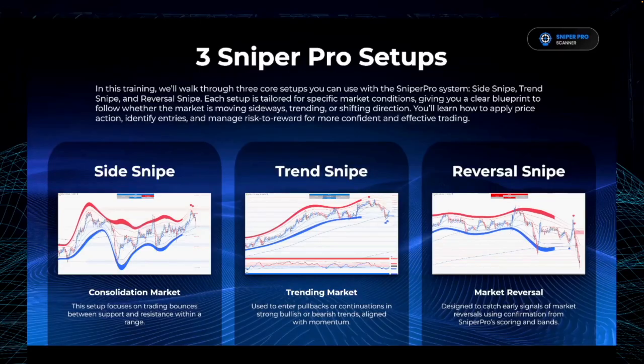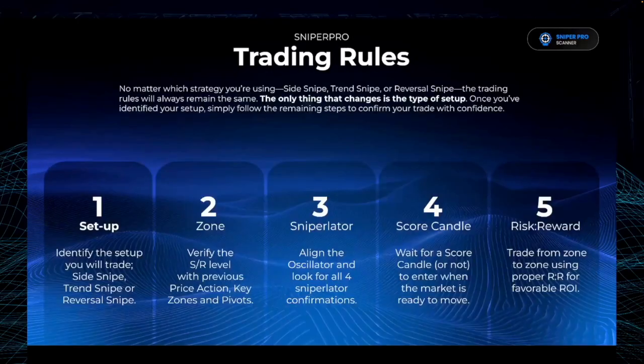The side snipe is based on consolidating markets that move sideways from left to right. The trend snipe is focused on capitalizing and trading in the trending markets. And the reverse snipe is based on catching market reversals. And we're going to walk through all three of them today, both on here and in the live market.